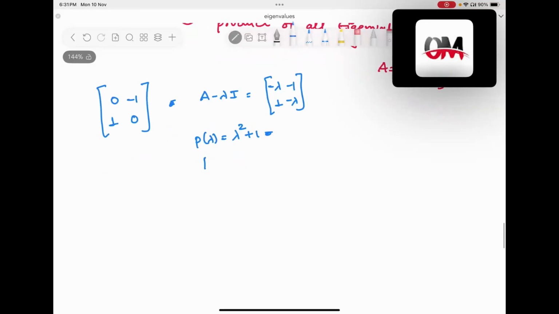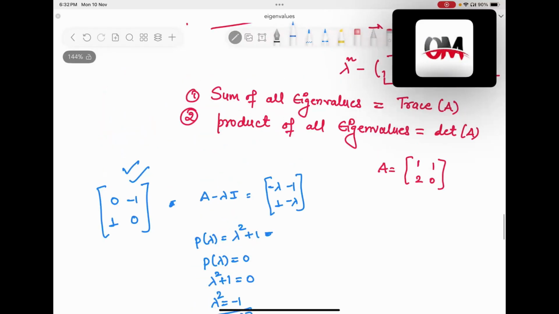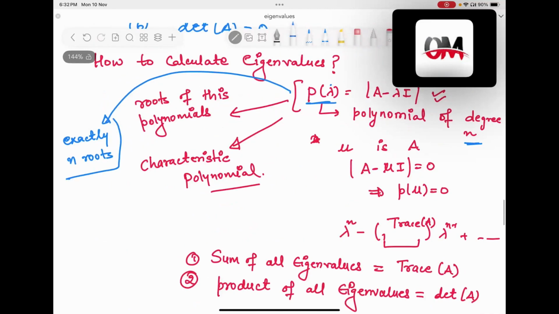If you put this polynomial equal to 0, it will be lambda square plus 1 equals 0. Now lambda square equals minus 1, so lambda has to be plus or minus i. Although your matrix is a real matrix, all your eigenvalues are complex. So this is only applicable if you are allowing your lambda to be a complex number.